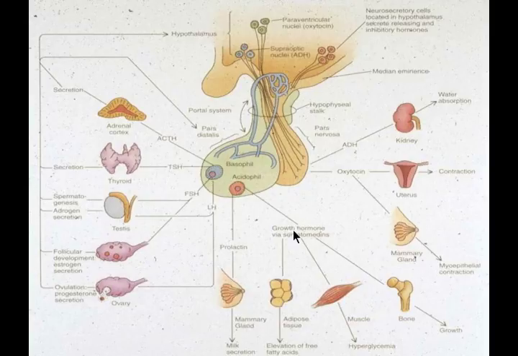We're going to talk in detail about a lot of these things. Oxytocin in the human is not so critical, but it's involved, of course, in uterine contraction and in the letdown of milk. And antidiuretic hormone we'll talk in some detail about in the course of this lecture this morning.